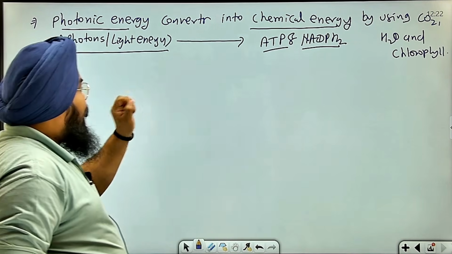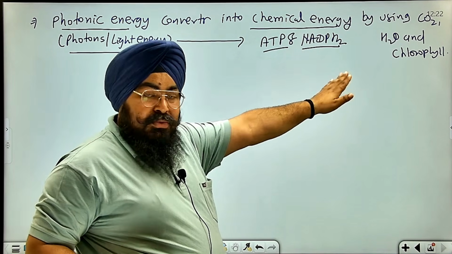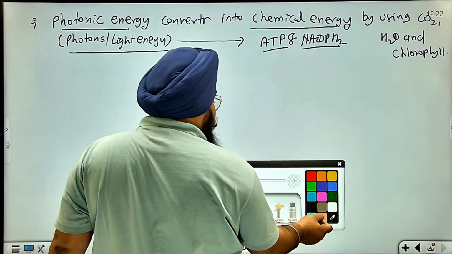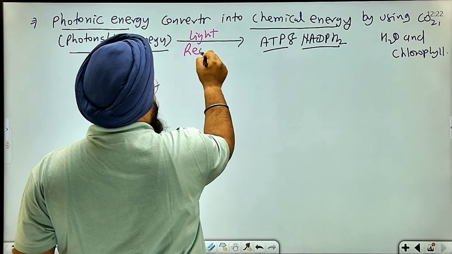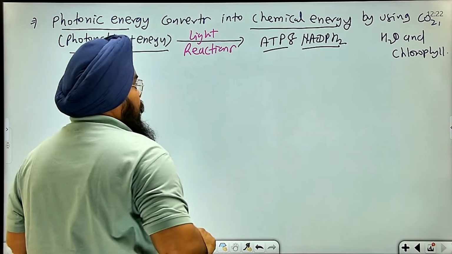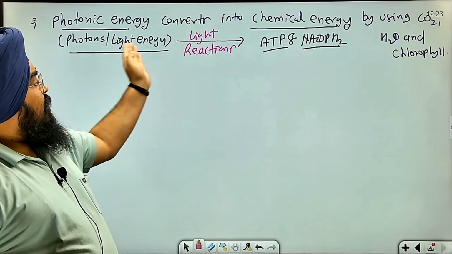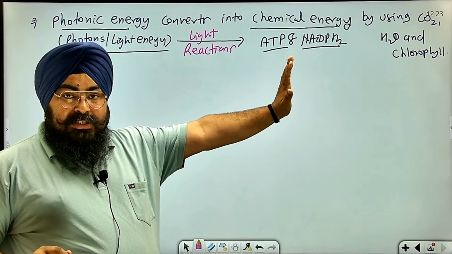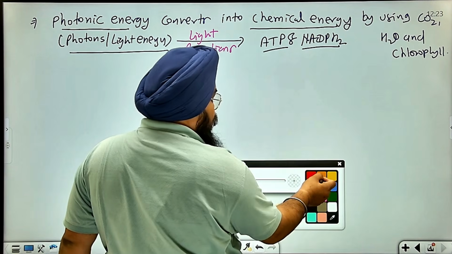First of all, in this process, light energy converts into ATP and NADPH2. This process is known as light reactions.